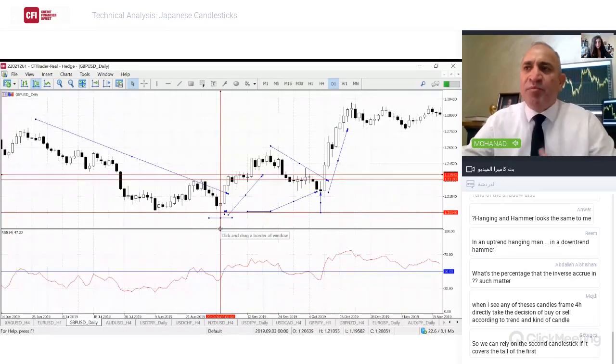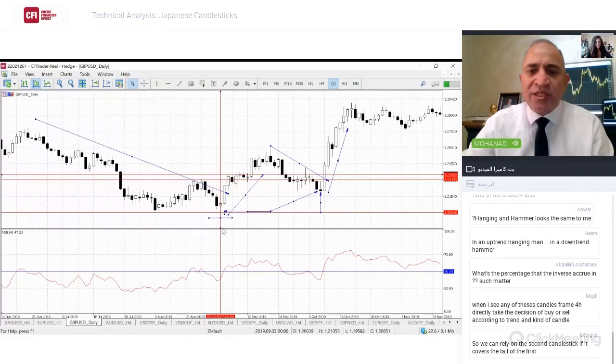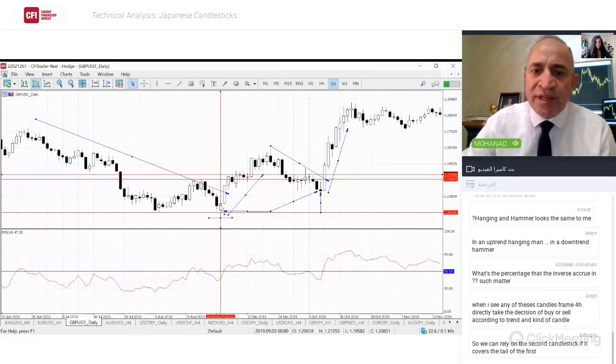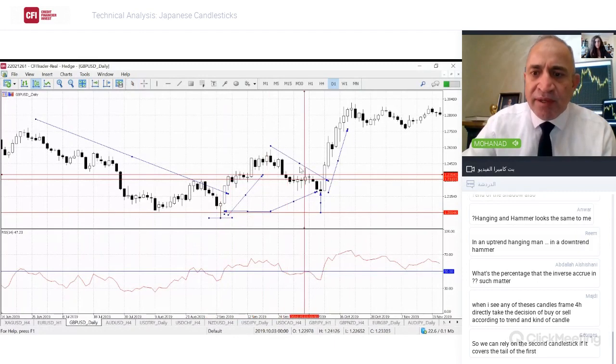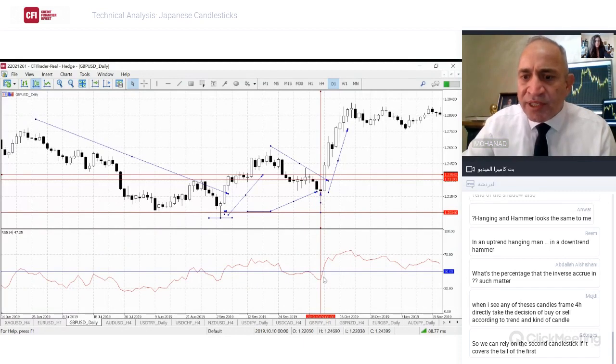So the RSI is moving from negative momentum to positive momentum at the same time. That confirms the importance of this reversal candlestick. The same thing with the inverted hammer. At the time we saw this inverted hammer, the RSI crossed the 50 level, moving to the positive area in the indicator.